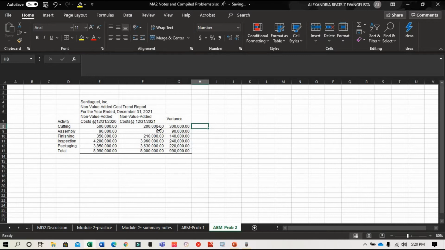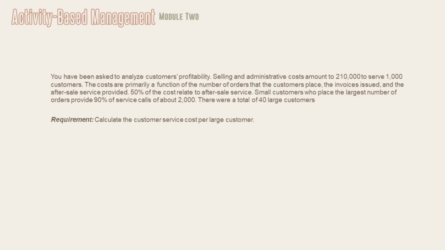Since we could see that the non-value added for each activity decreased for the current year, it means that our variance, or the difference that we have computed, are all favorable. So that is all for problem number 2.